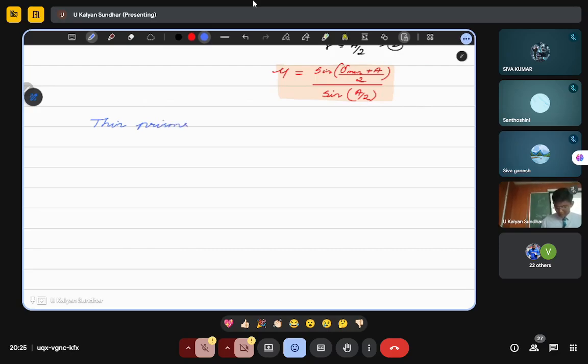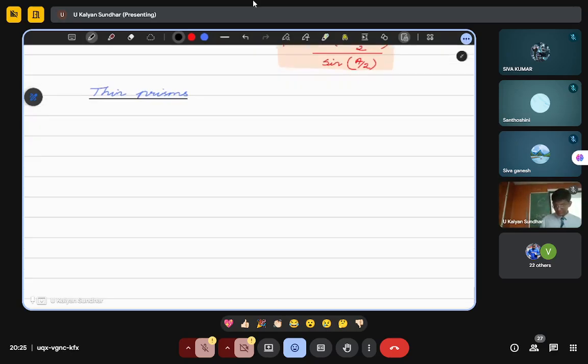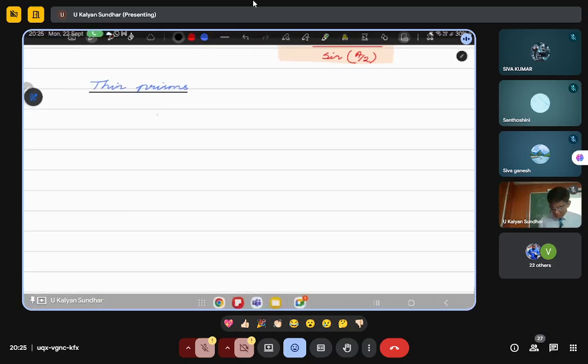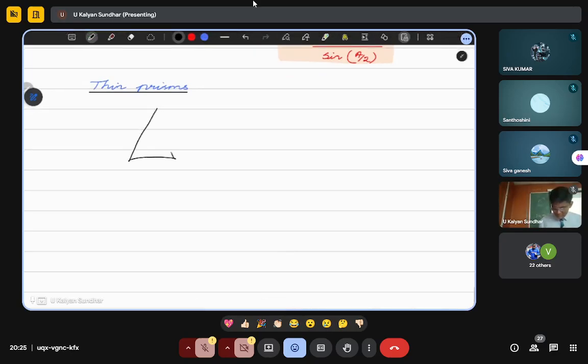For thin prisms, the angle A is much smaller, then what happens is this. According to Snell's law, so let this be the thinner prism.